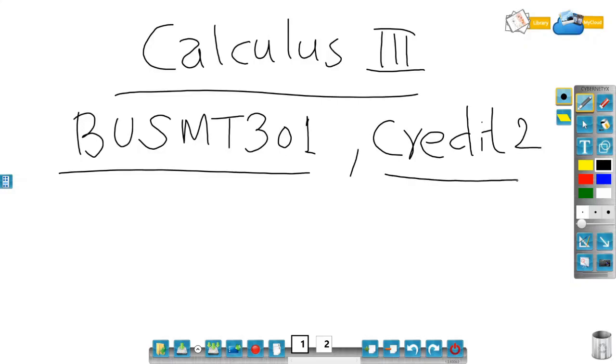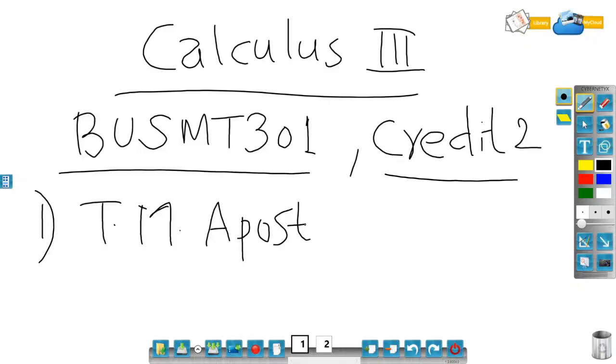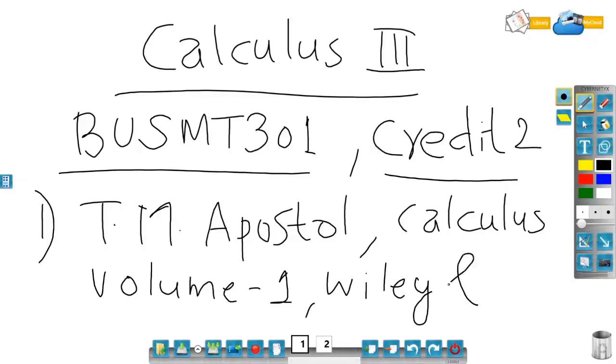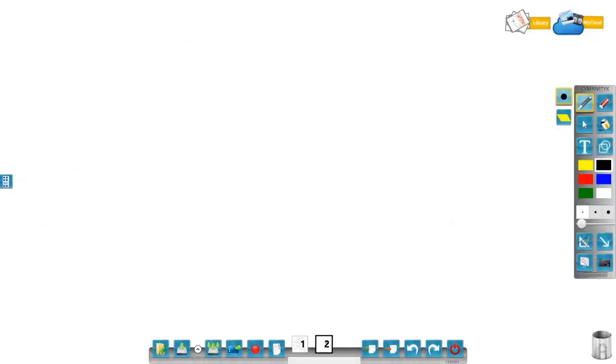So the list of references which I will be using for this course is as follows. The first one, Tom Apostol, Calculus Volume 1, Wiley and Sons publication of Asia Private Limited.